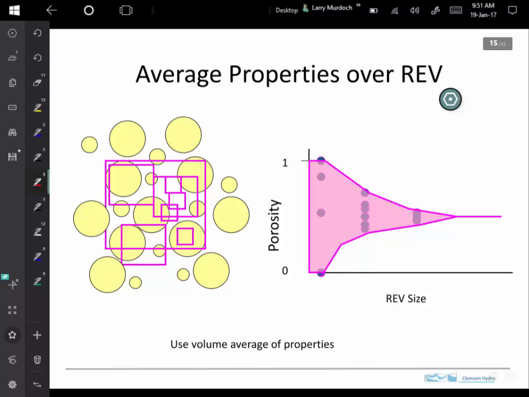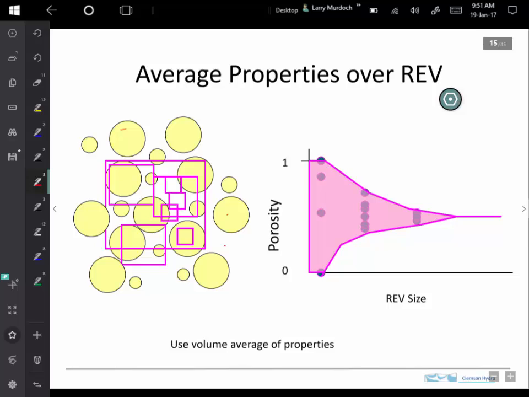So here's an example. When I put this together, it was an animation. In the format that we're seeing here, it shows you all the animations at once. So let me just show you the way that this works. If these are pores and pore space, then our REV is basically a region over which we average.